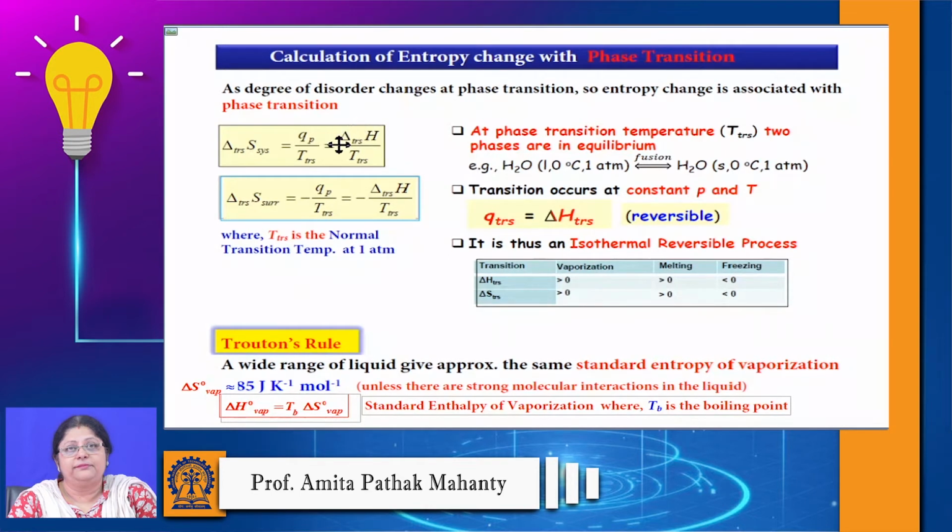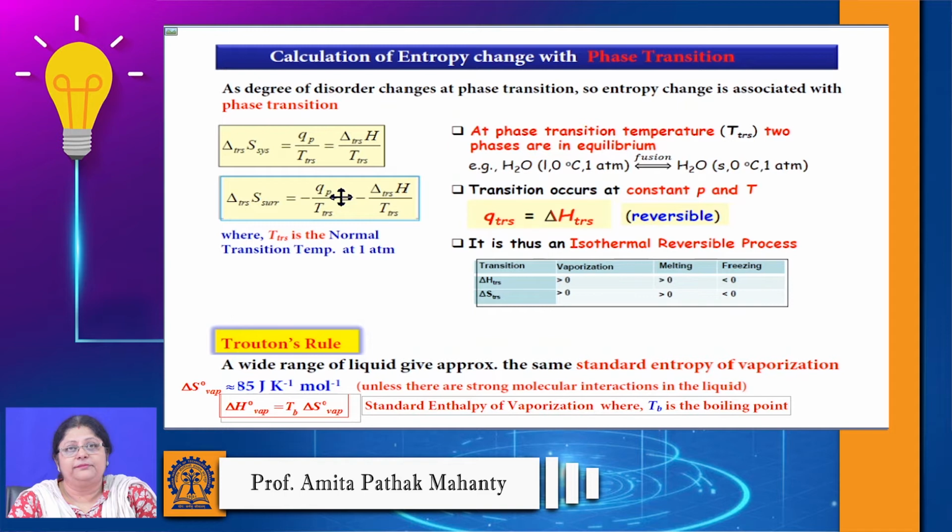If you have some sort of association or hydrogen bonding in the liquid, then the values you get are going to be slightly higher than the standard, if you are not computing the exact value. So for a liquid you will have more or less around 85 until the liquid has some extra type of interactions associated with it.